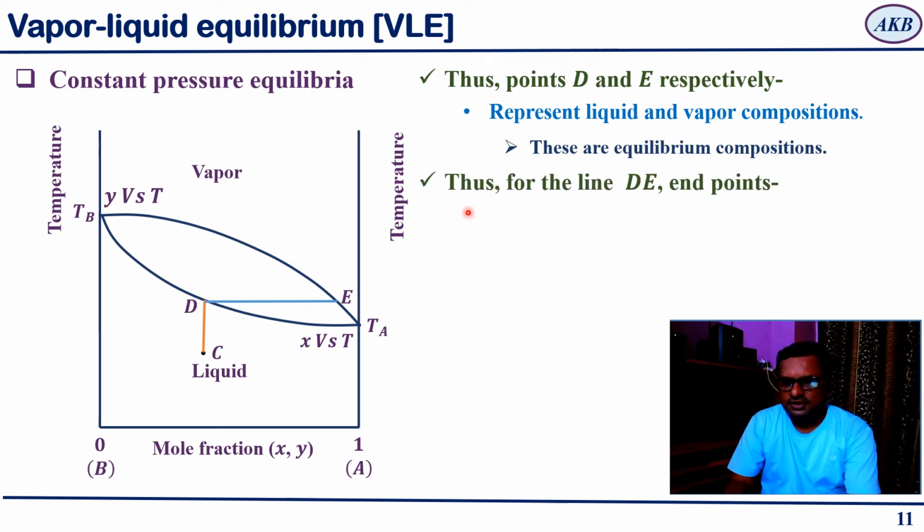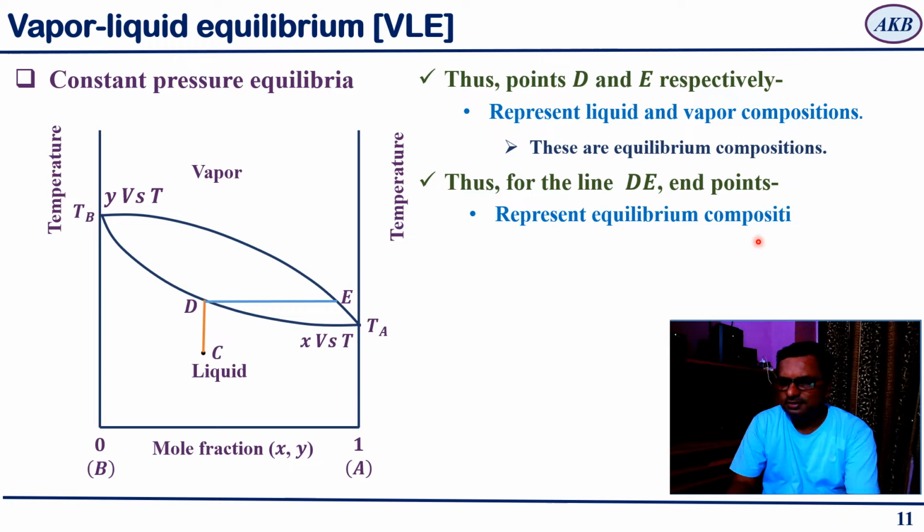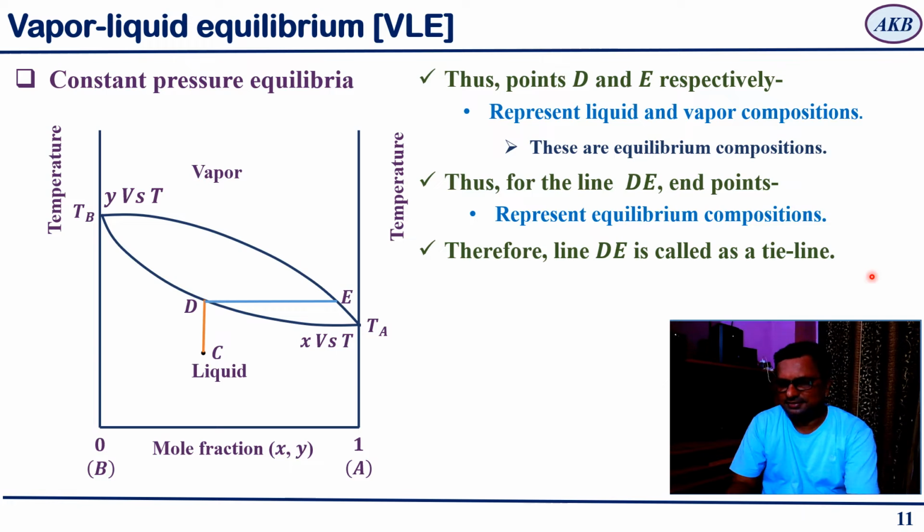Okay. Thus, if you talk about line DE, its endpoints represent equilibrium compositions, and that is why line DE is called a tie line.